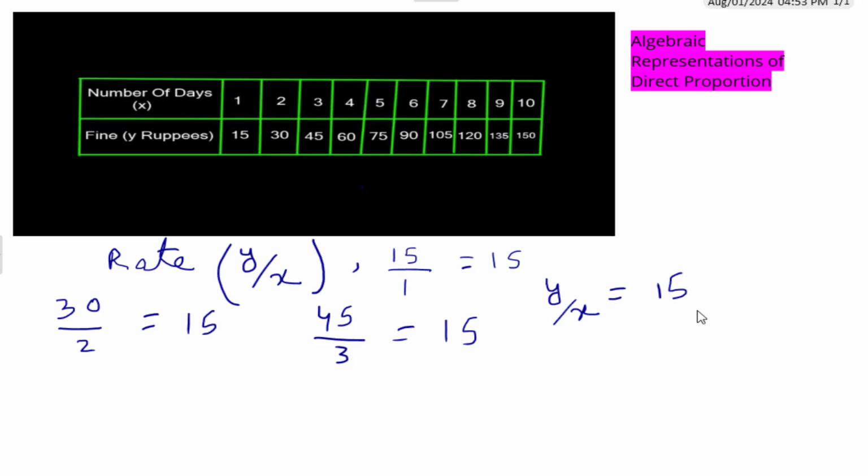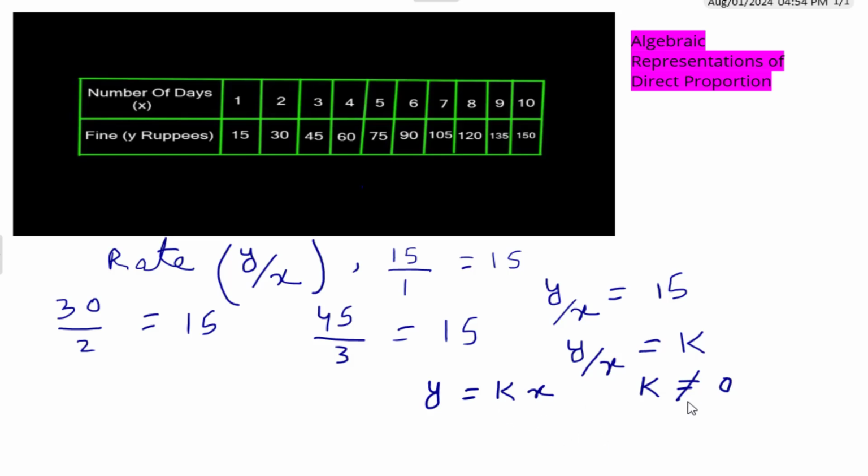Let me represent this constant 15 with k. Then y by x is equal to k, or I can also write y is equal to k times x, where k is not equal to 0.